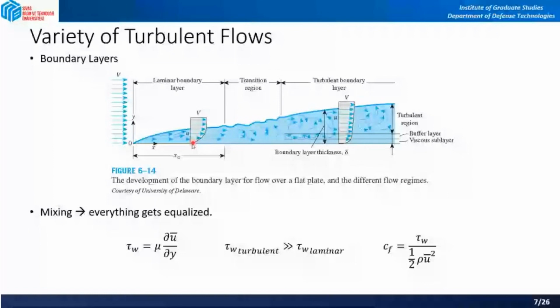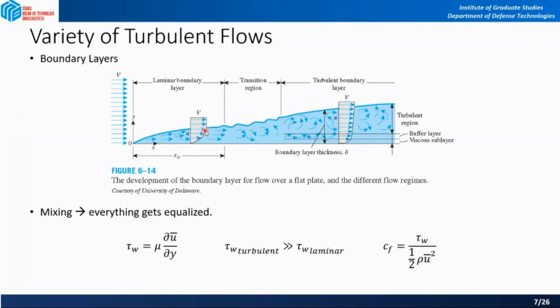It tells you there is no mixing because the velocities are very different at the edge of the boundary layer and in here, and they are not really interacting.